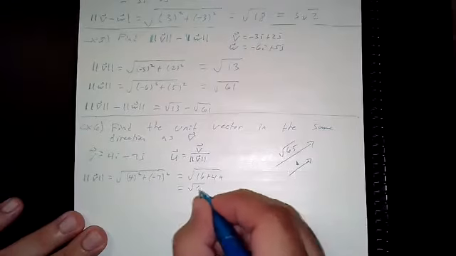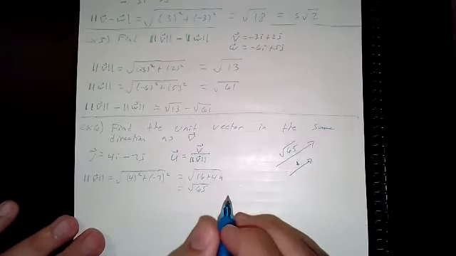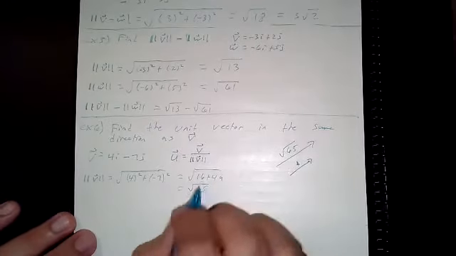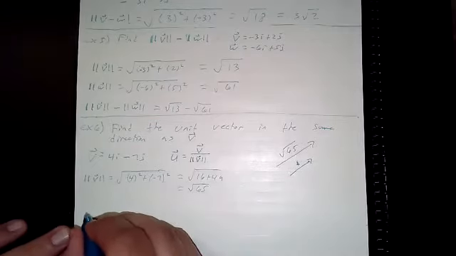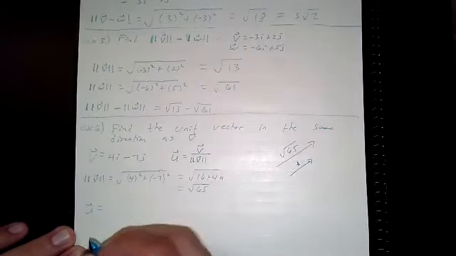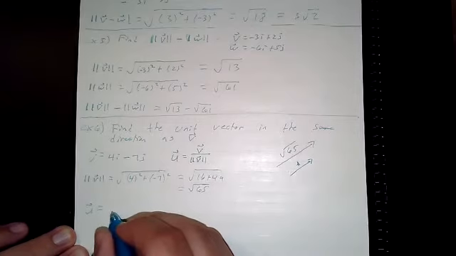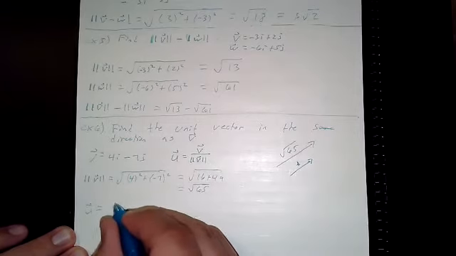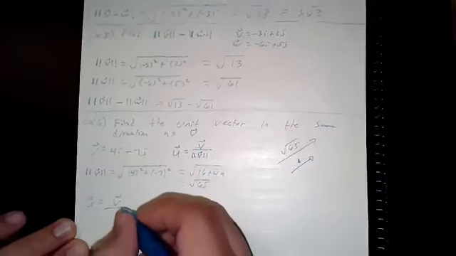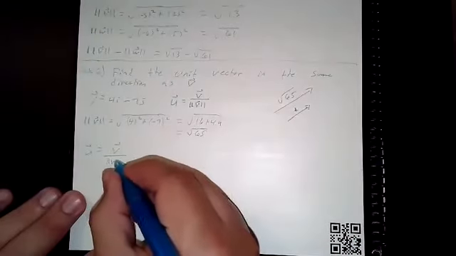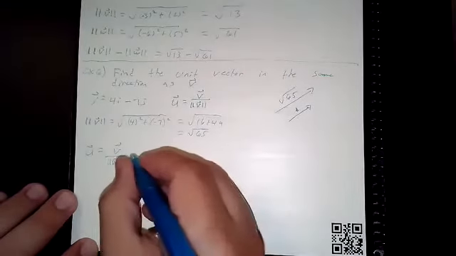Root 65. Okay, so my magnitude is root 65 and I want to get rid of it. So to create u, what I do is take the original vector and divide it by its magnitude, right? You divide by its length. That's all magnitude means.